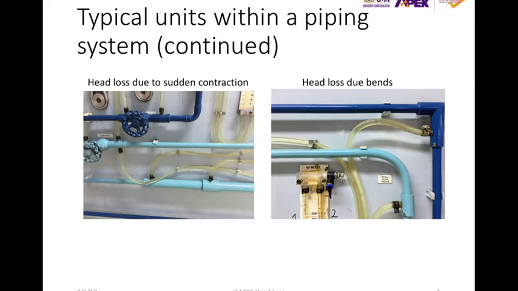divided by 2g. There will also be head loss due to sudden contraction, just like before for the expansion. In the experiment, you'll be measuring the head loss from the piezometer, from these two tubes, and also comparing it with the equation, which is HL equals capital K V2 square divided by 2g.